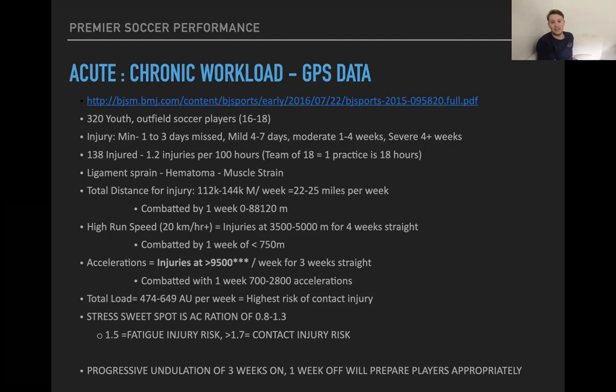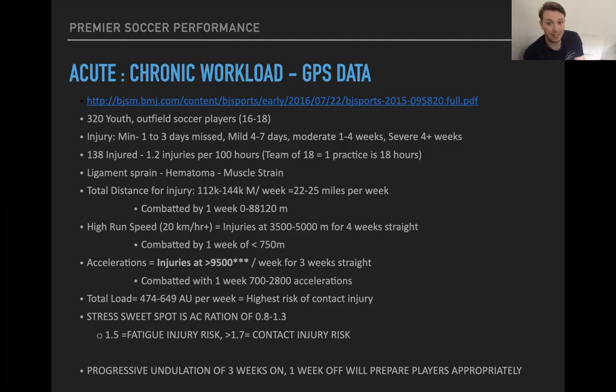If you have a GPS system and you're tracking this, it's typically set in meters, not miles. Basically, your total distance needs to be under 112 to 140,000 kilometers, sorry, 100,000 meters.